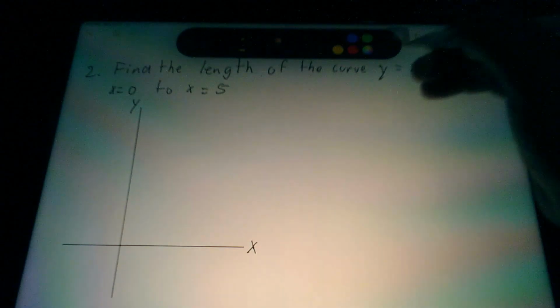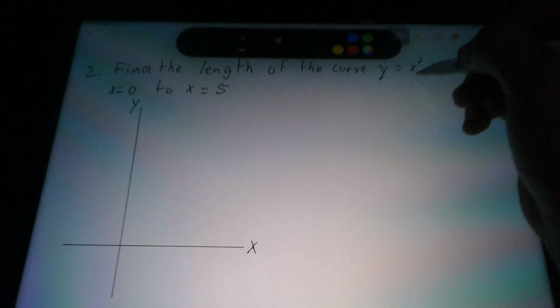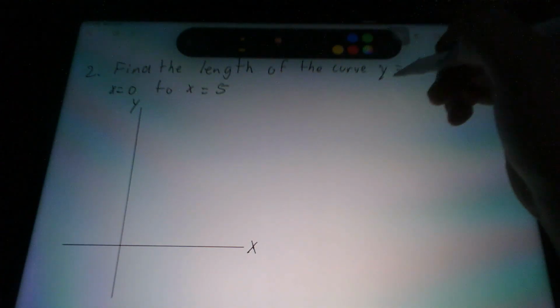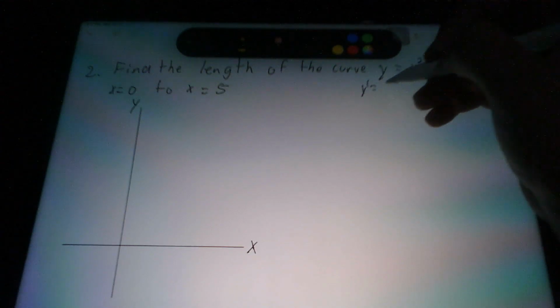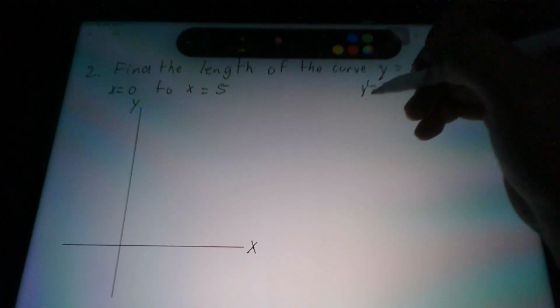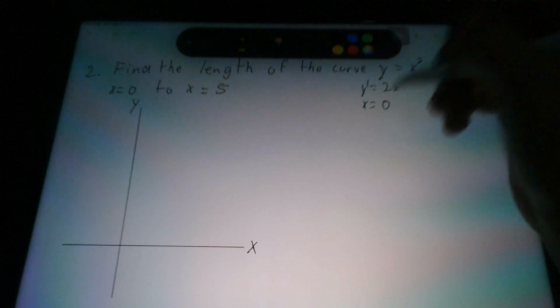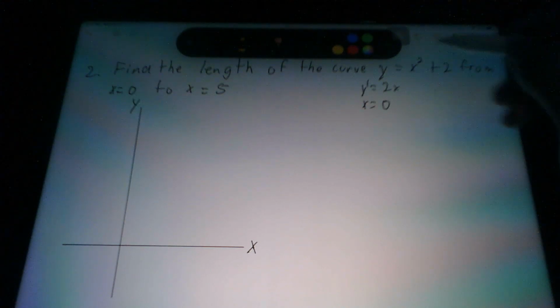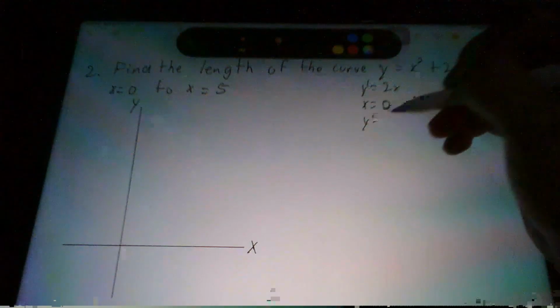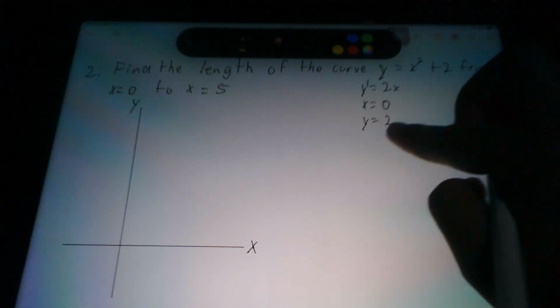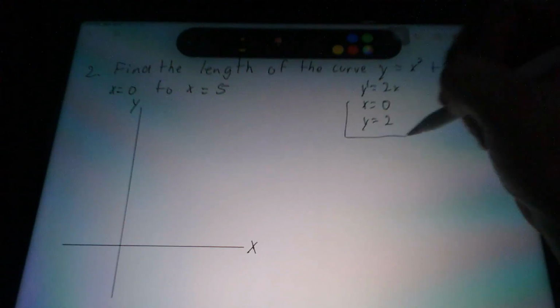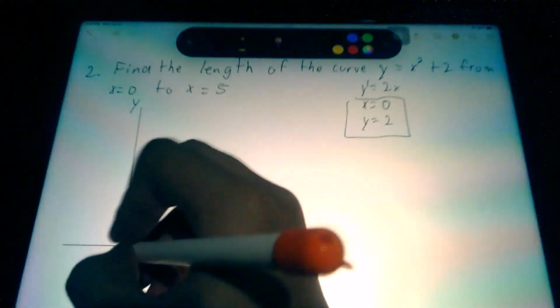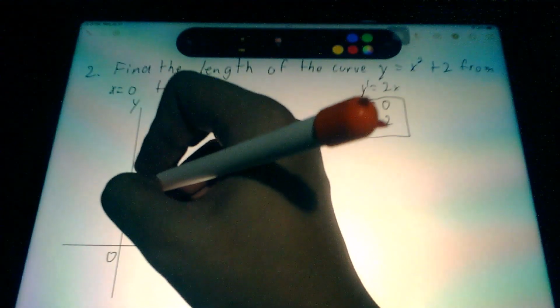First we differentiate this. So y prime is just 2x, and if we equate x to 0, our y will be 2.